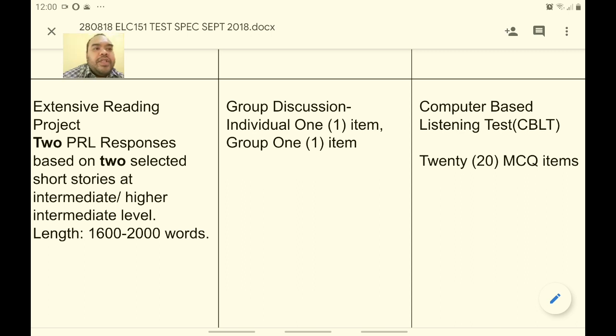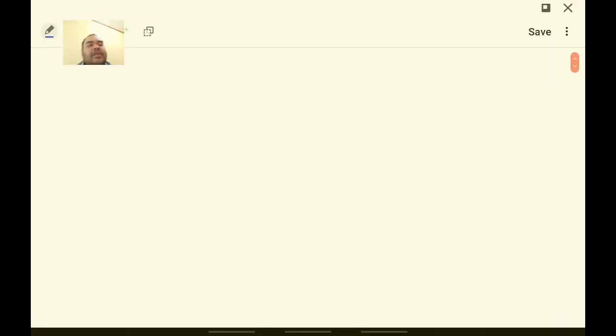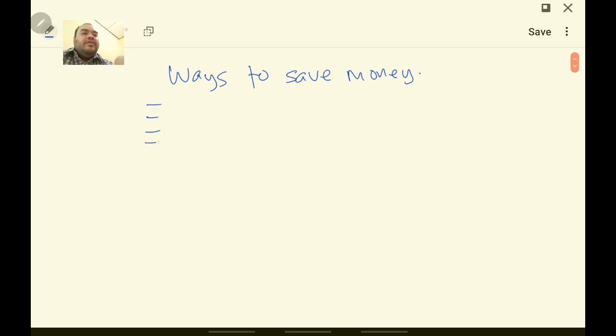So usually in this assessment, you are going to be given an issue, for example, like this: ways to save money, and then they will give you certain options. Usually they will give up to, if I'm not mistaken, 4 or 5 ways.